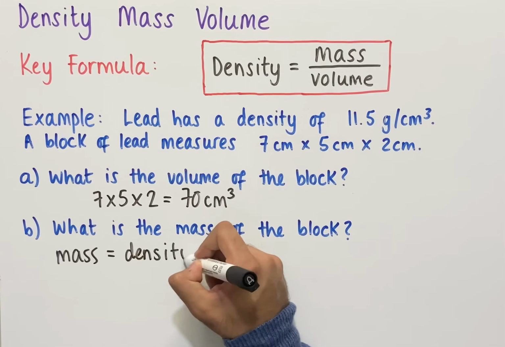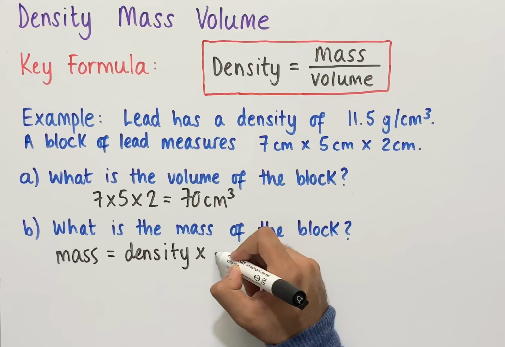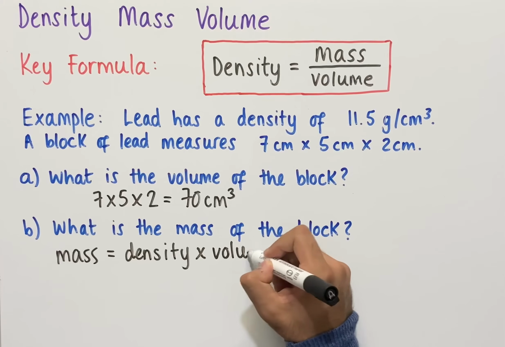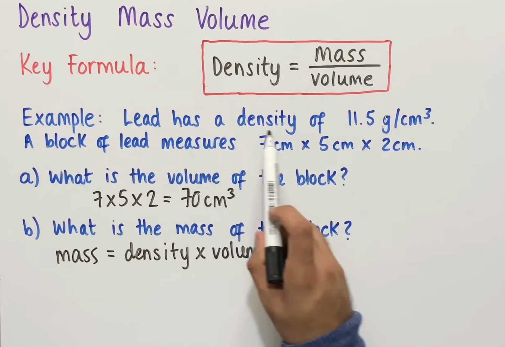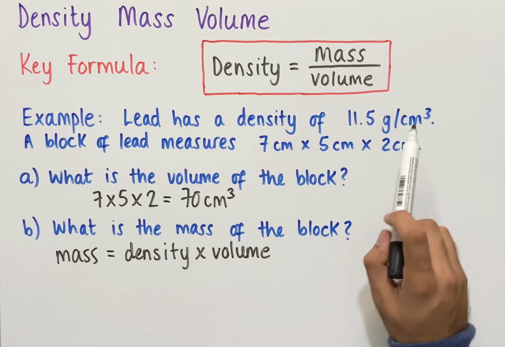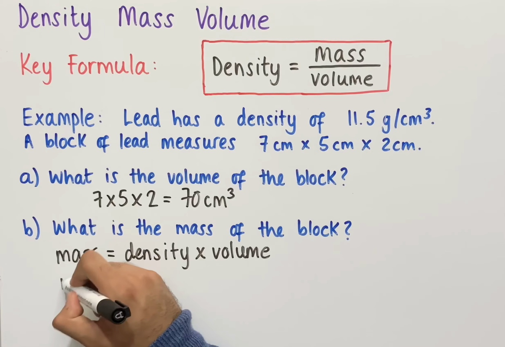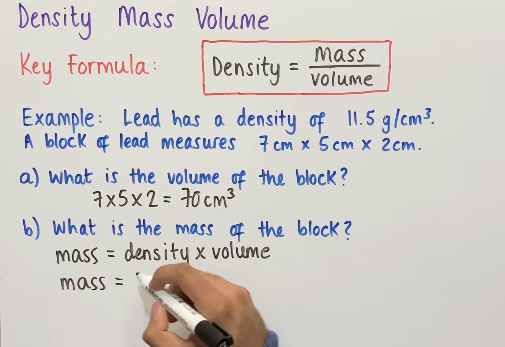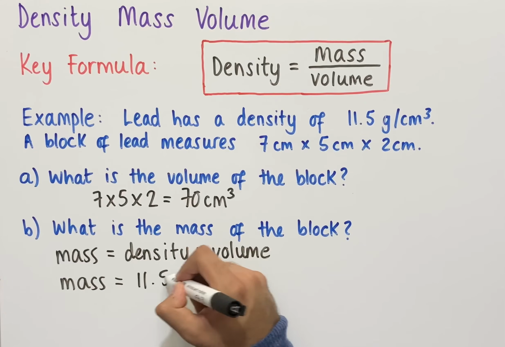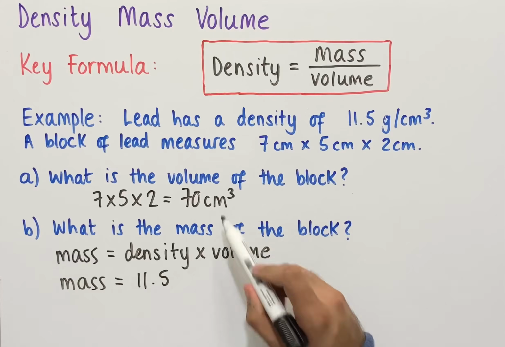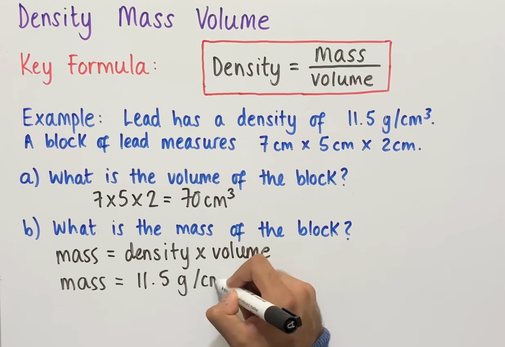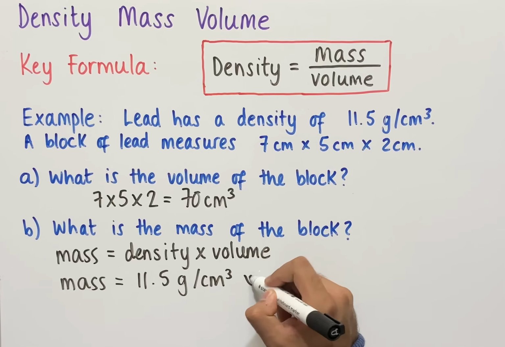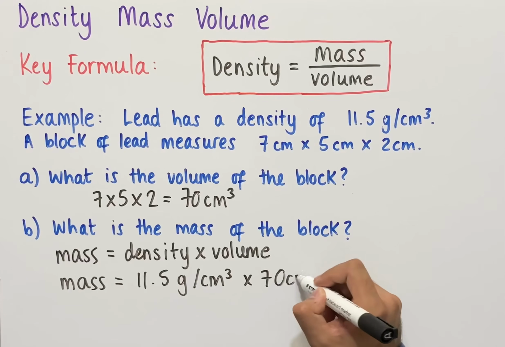And we're told in the question that lead has a density of 11.5 grams per centimeters cubed. And so we have that the mass equals 11.5 multiplied by 70, and if we include the units we have grams per centimeters cubed, and for the volume we have units of centimeters cubed.